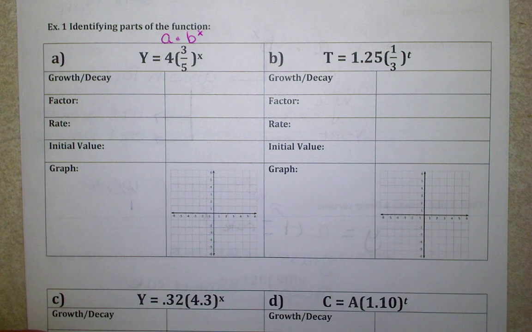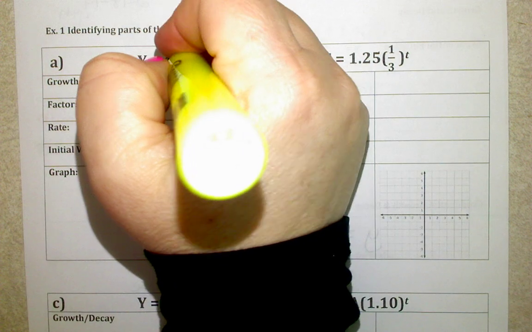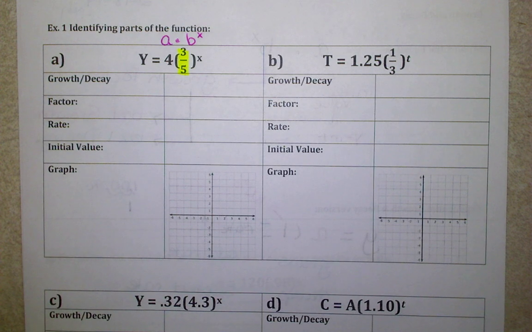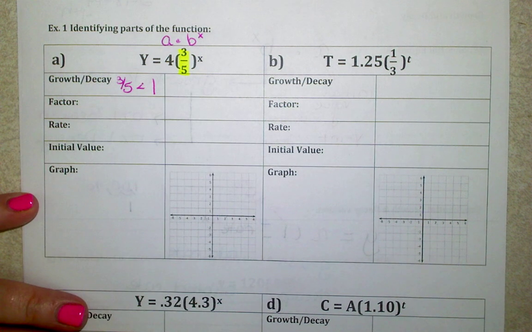What is your b value here? It is 3/5. Is that bigger than 1 or smaller than 1? It's smaller because you've only got 3 pieces out of 5, so it's smaller than the whole. So since 3/5 is less than 1, is that growth or decay? Decay.